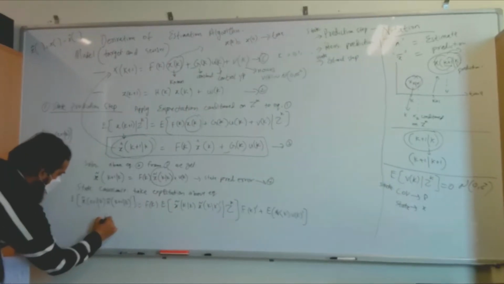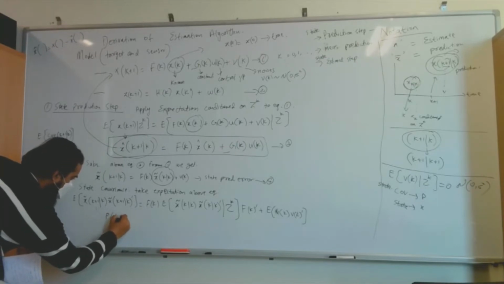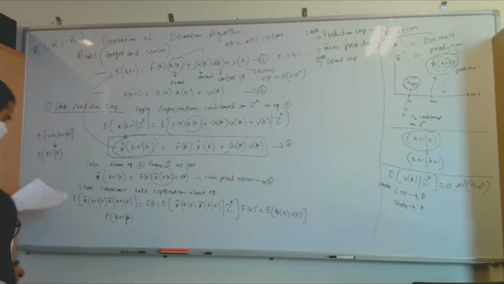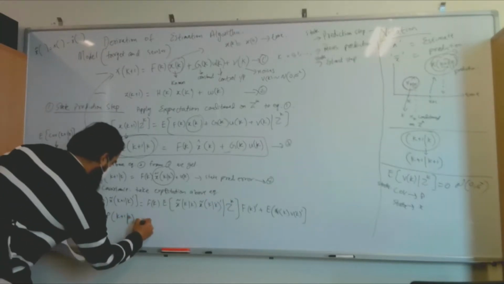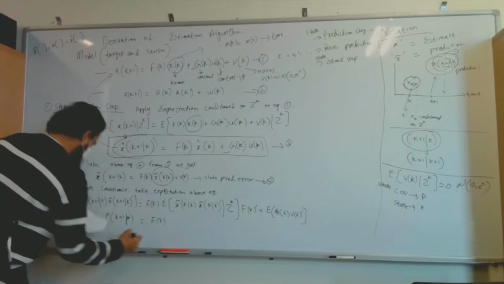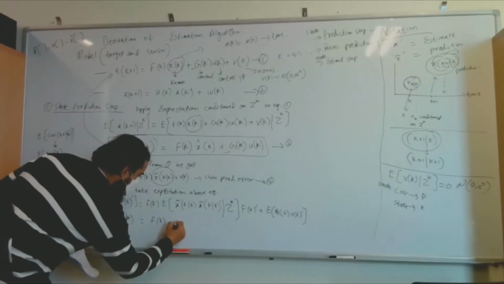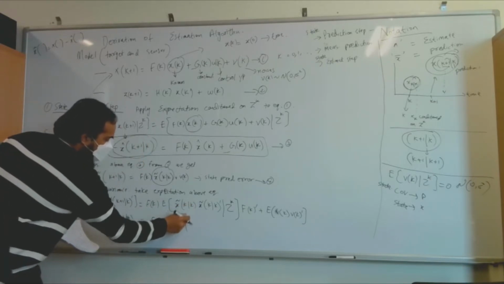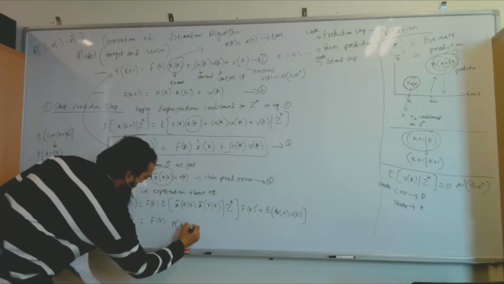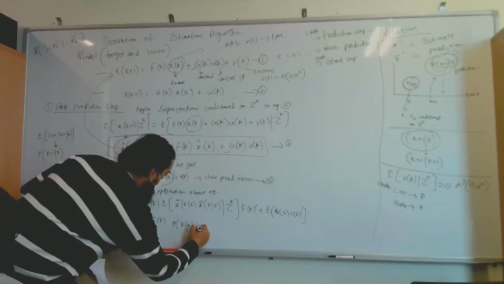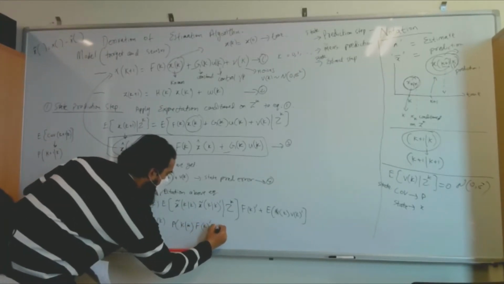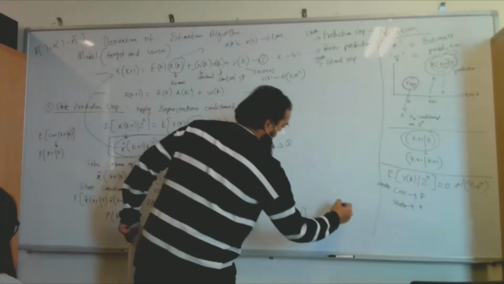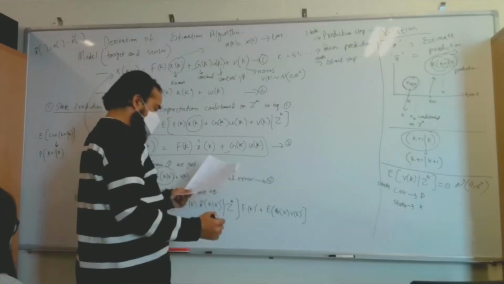So this is your P K plus 1. Again this is P, but this time this K is conditioned on the current K, and this is FK transpose, and this thing equals Q.